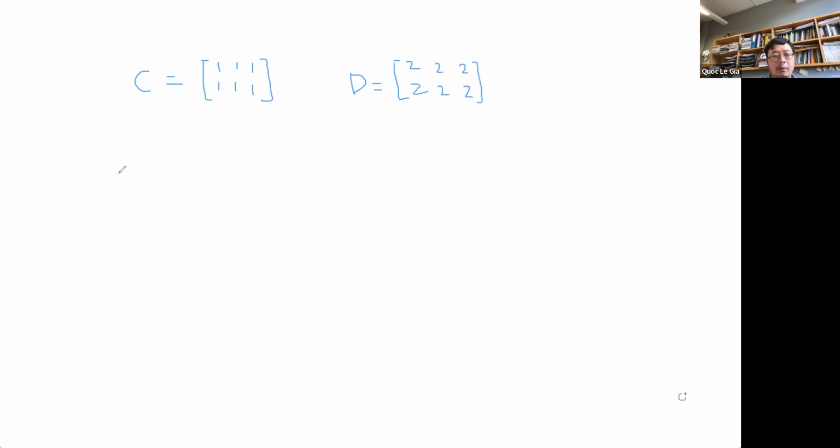So how do I construct the matrix E? If you look at the question, it will be a bit complicated, but let's see. You start with a matrix C, okay? So I put in a matrix C, yeah? So 1, 1, 1, 1, 1, 1, yeah?